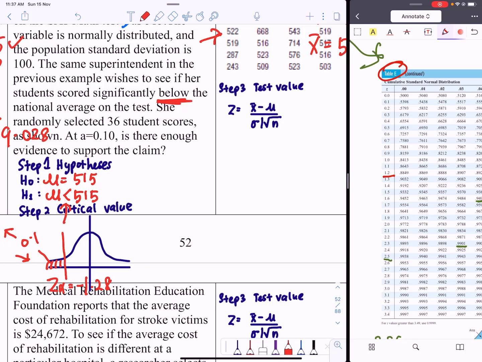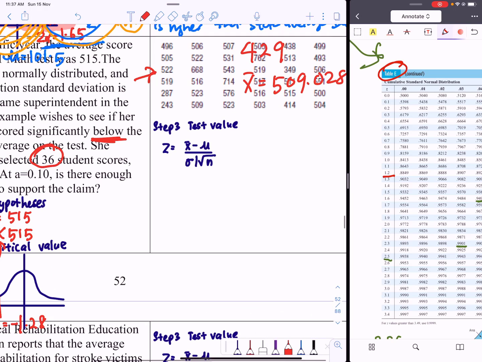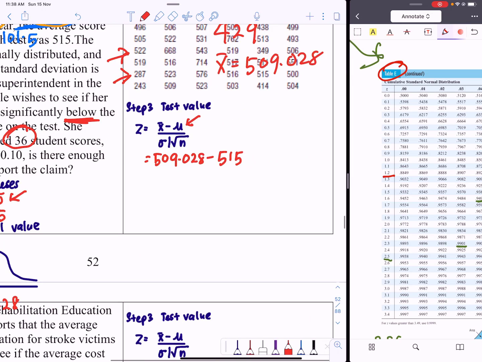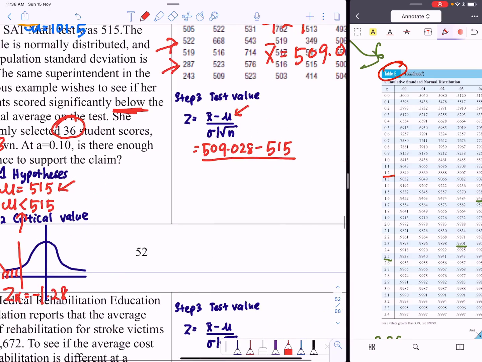For this test value, we will use the mean for the sample, the sample of 36. We insert the value 509.028 minus 515, which is the mean for the population, and then divide by the standard deviation 100 divided by the square root of 36.